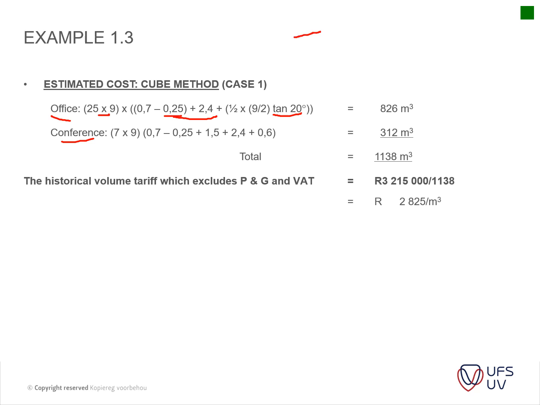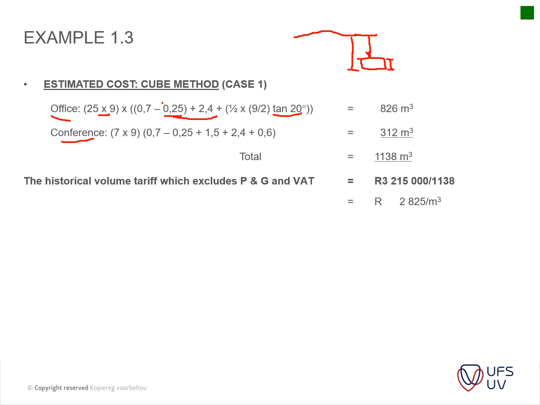If we've got our natural ground level here, and then our strip footing here, basically what you want is this height here. And you just subtract that 250 mil, which is here. Okay, so that's all that's happening on this side.